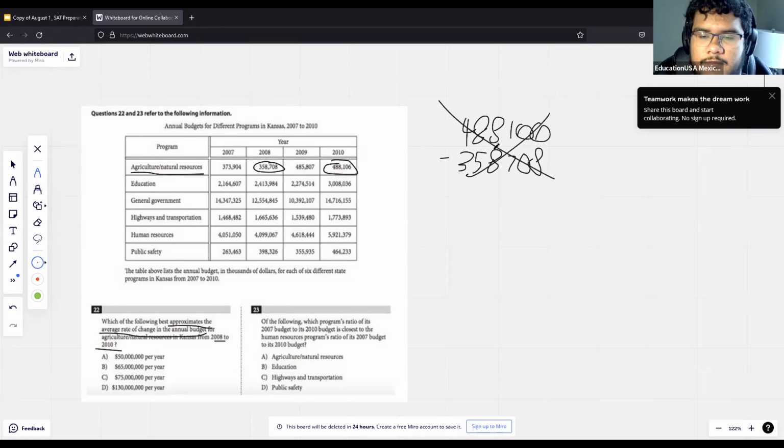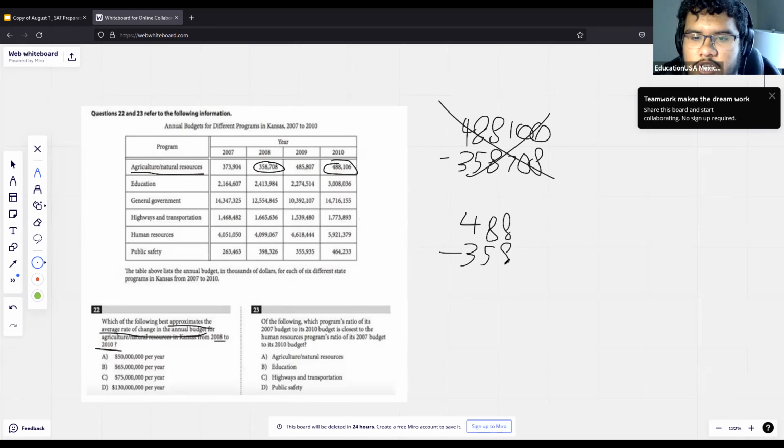You won't have to do any of that. Instead, you can approximate using just these first three digits. You can look at 488 because it represents 488,000 in these figures, remembering that it's in thousands of dollars, but we'll get to that later. So we can look at those first three numbers of both.